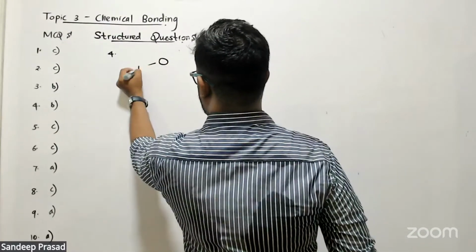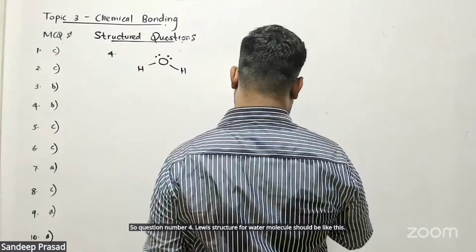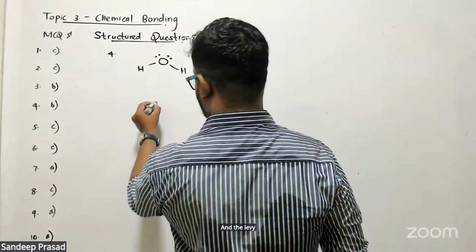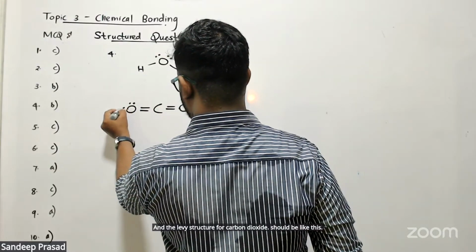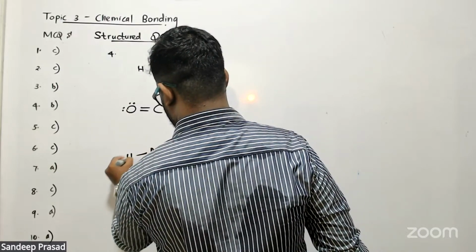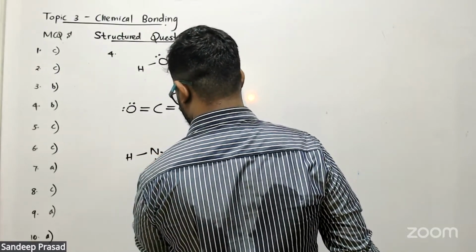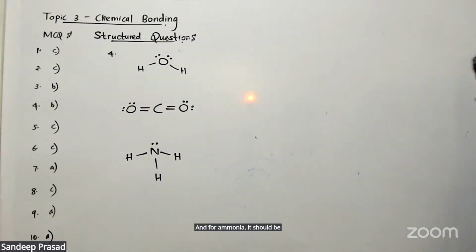Lewis structure for water molecule should be like this. And the Lewis structure for carbon dioxide should be like this. And for ammonia, it should be like this.